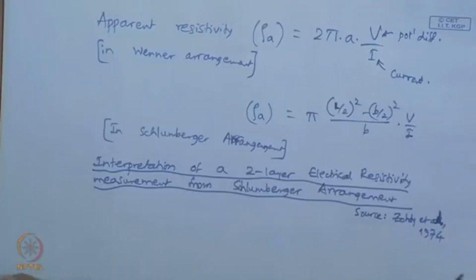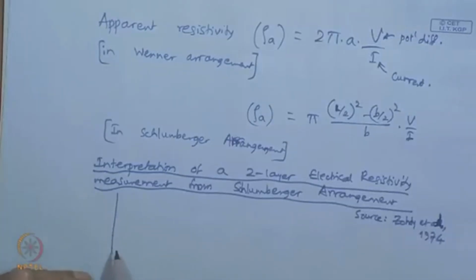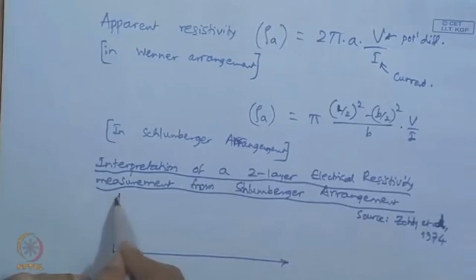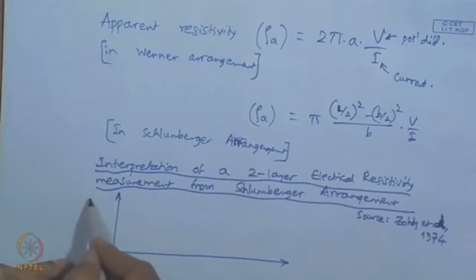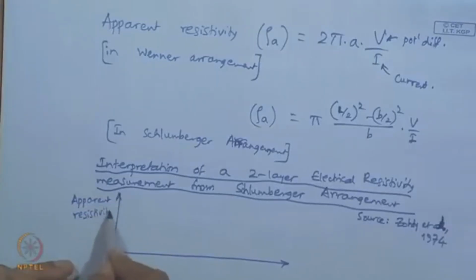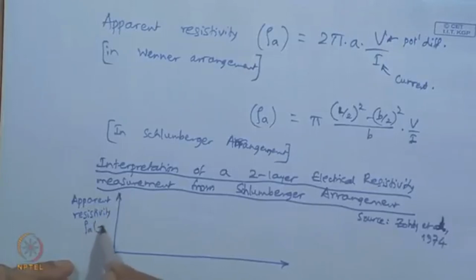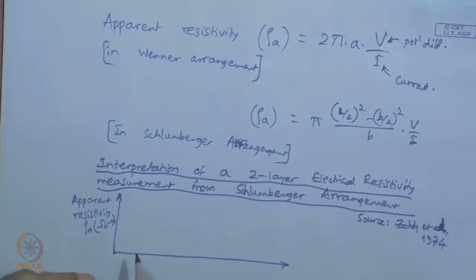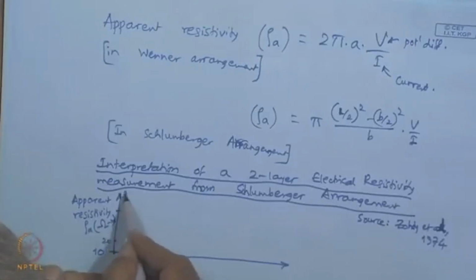In this, the apparent electrical resistivity rho A is indicated along a vertical logarithmic scale, in ohm meters, and it varies from 10, 20, 100, and 200.